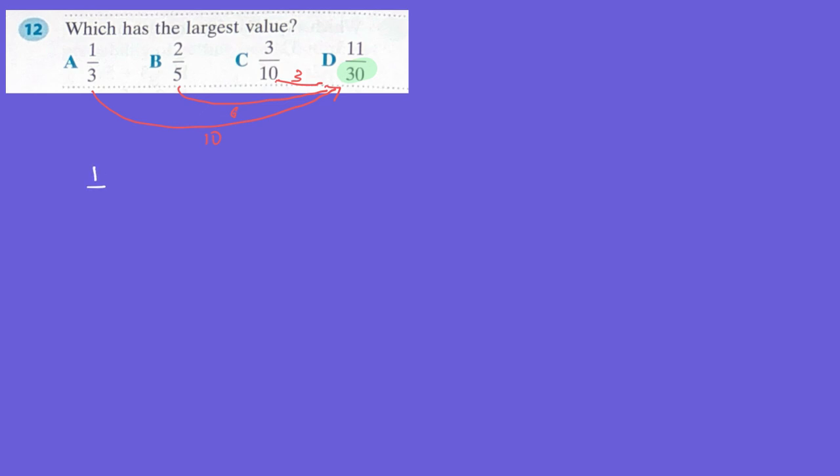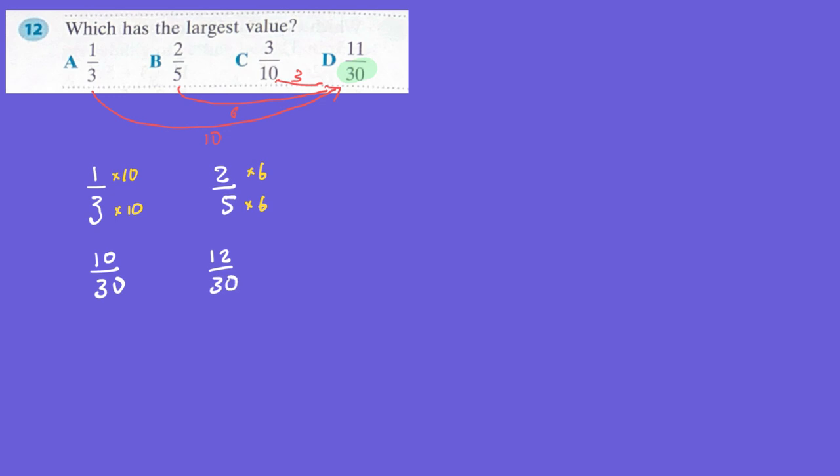So 1 over 3 is going to be multiplied by 10 in the denominator and in the numerator, and we'll get 10 out of 30. 2 out of 5, we'll multiply by 6 and by 6, and we'll get 12 out of 30.